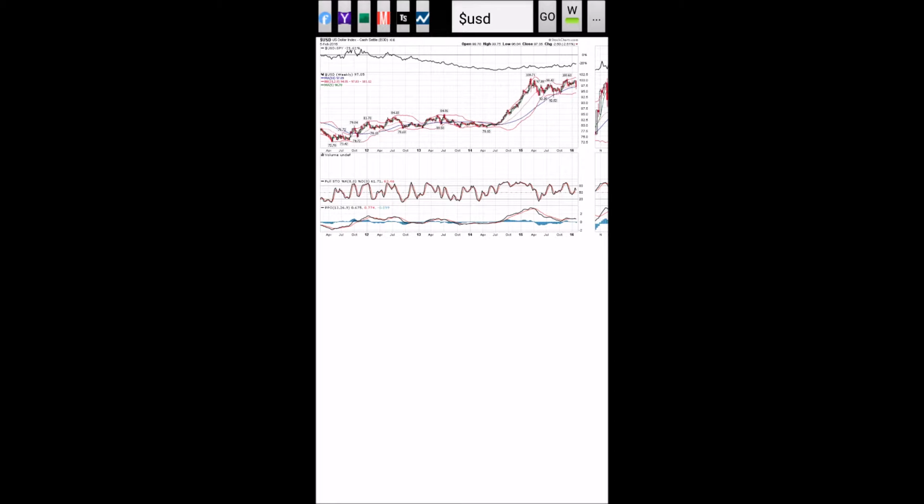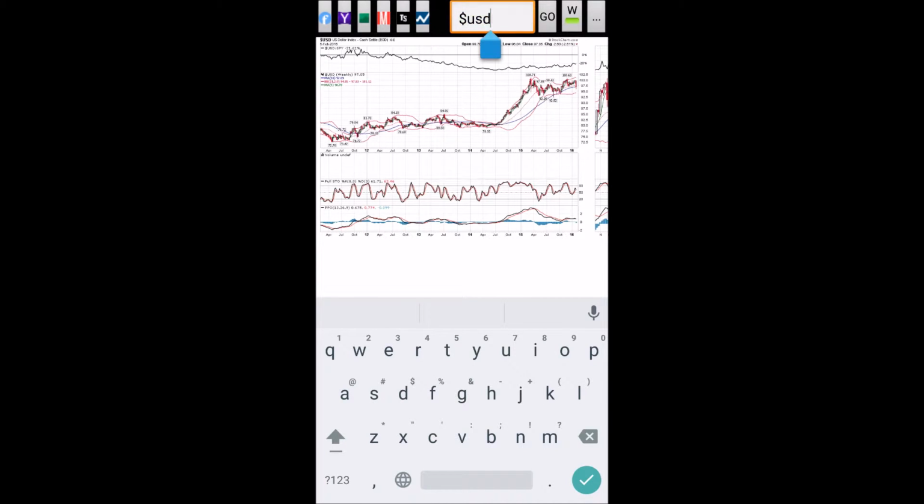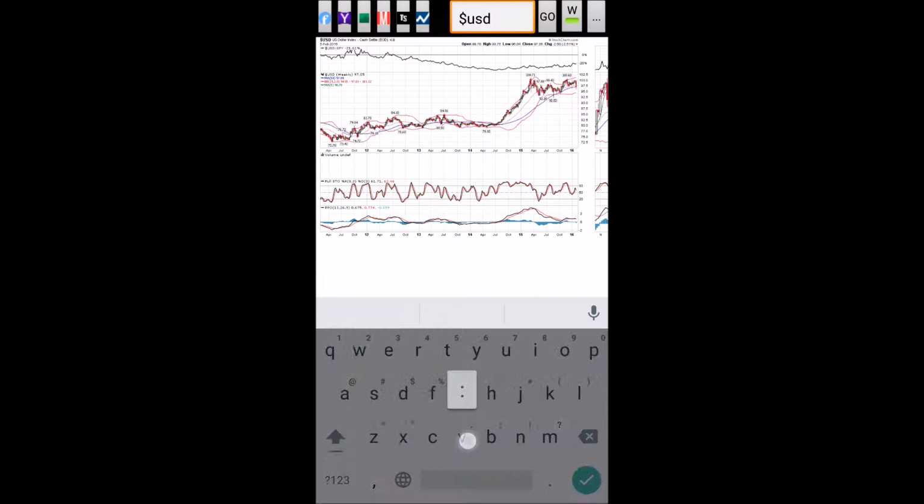And that just means that the US dollar started to outperform the S&P 500 at October 2014 up until now.